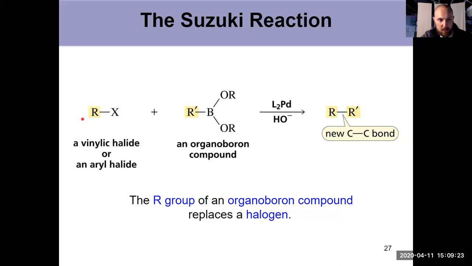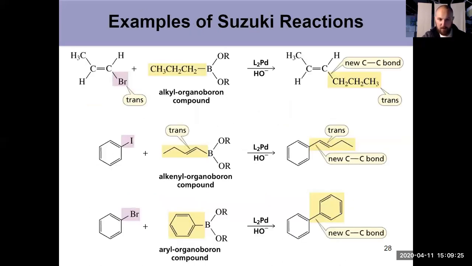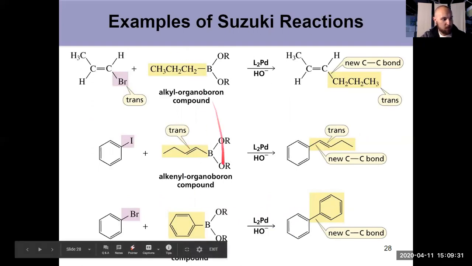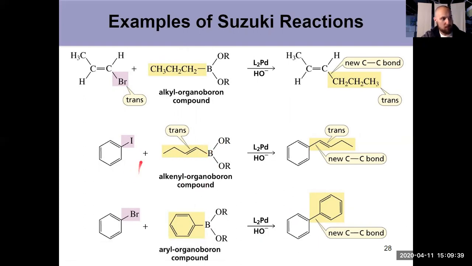So there's a ton of possibilities in terms of the reactions. Your organoboron compound over here can have an alkyl group, it can have an alkenyl group, it can have an aryl group. Any one of them, just take the group from boron, put it in place of the halide, shown on the left there in that pink-purple color, and then boom, that's your product.